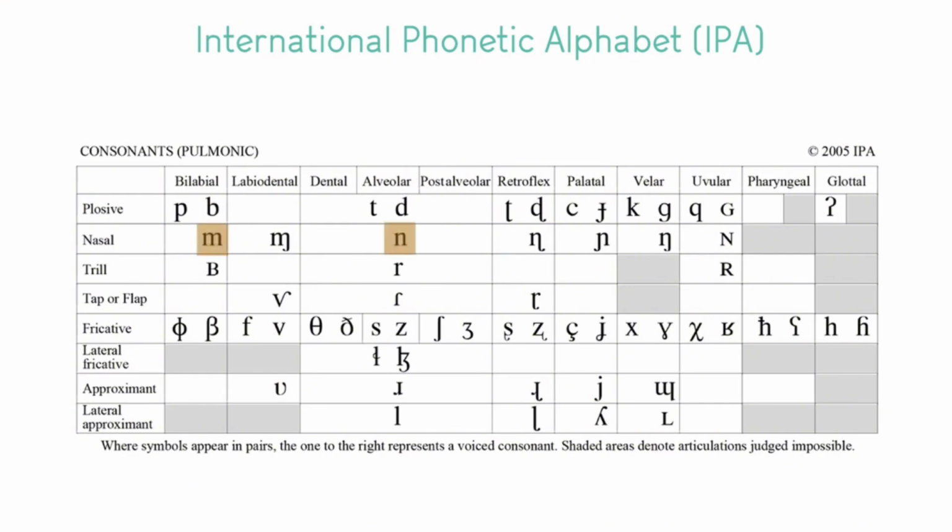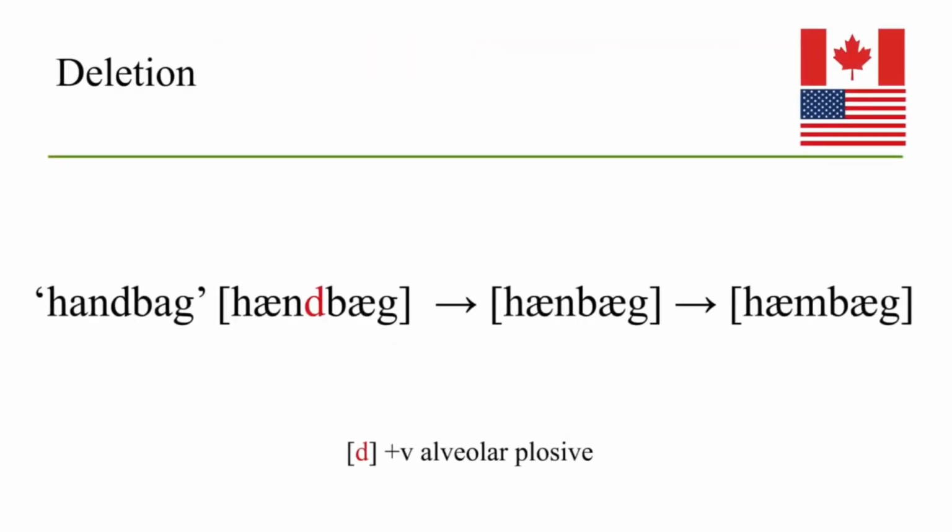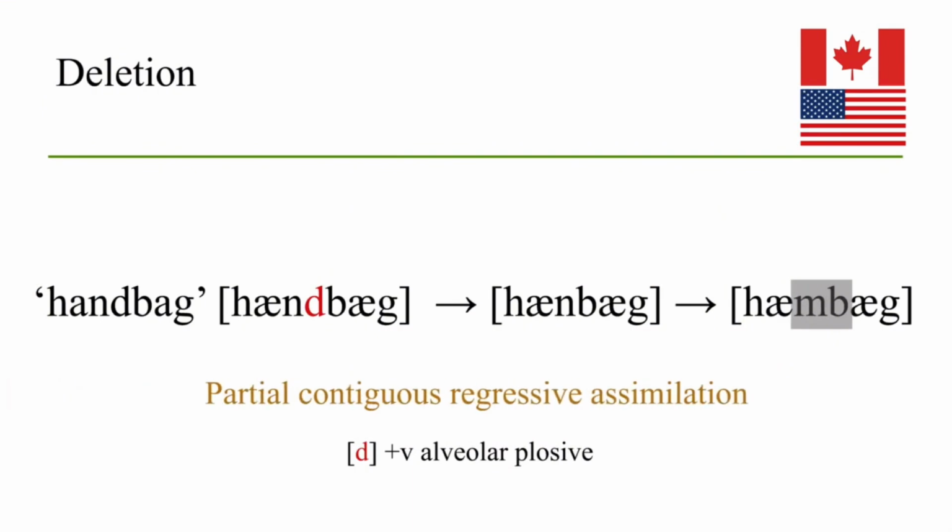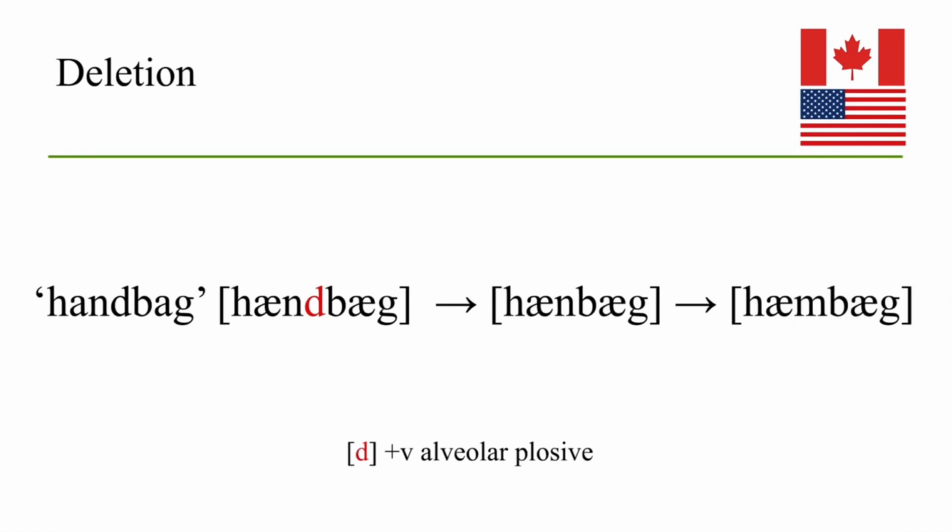We change the place of articulation from the alveolar ridge to the bilabial position, two lips, because ma is also two lips. So this is a process of assimilation, and of course it's regressive assimilation, contiguous regressive assimilation. So the word handbag in rapid speech becomes "hambag", and two phonological processes have happened.